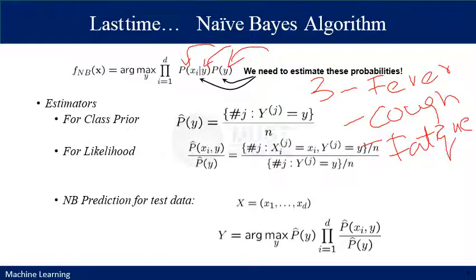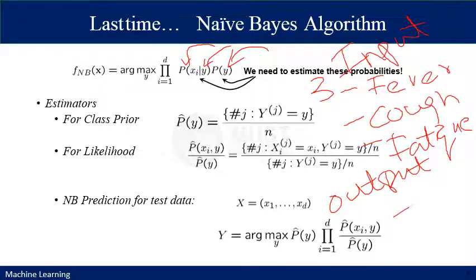And let's take one output label as a binary classification, the outcome of the disease or the test as positive or negative. So now we have three input features and two output classes.